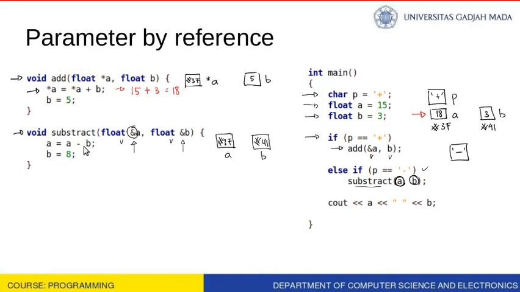Now when you do this one, this A is equal to this A itself minus B, but which value of A is subtracted by this B. So you can see here that this is an address, so we will take the value which is pointed with this address. So we have 15 for the beginning. It is 15, right?